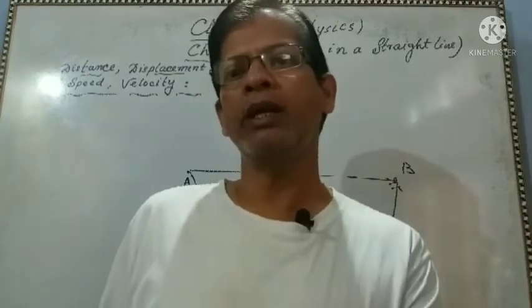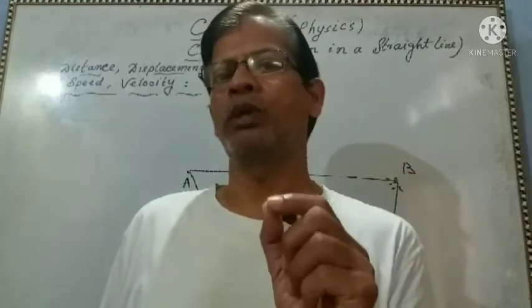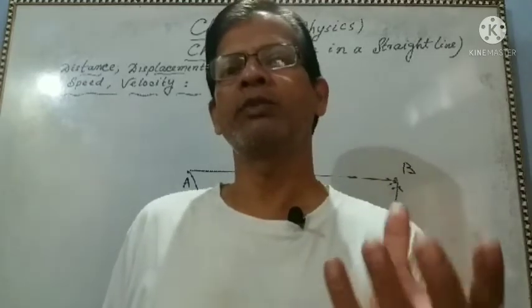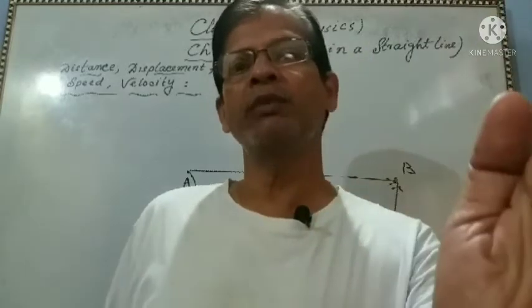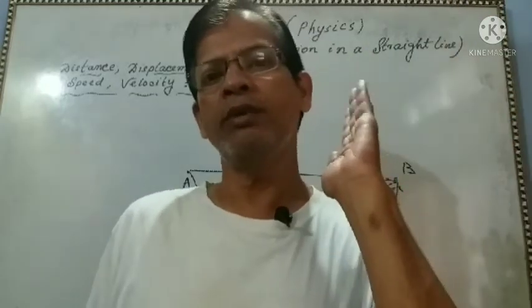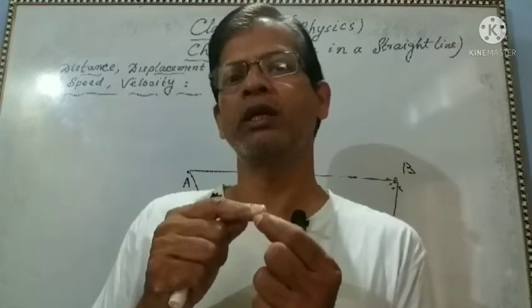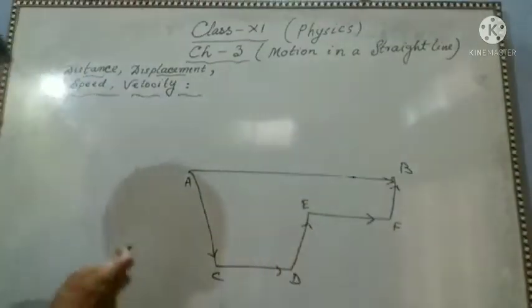When you turn back, this is negative, and after reaching your home, your initial point and final point will be the same. So, displacement will be 0. If one direction is taken positive, the opposite direction is negative, and after coming back, the initial point and final point will be the same point, so this is 0.